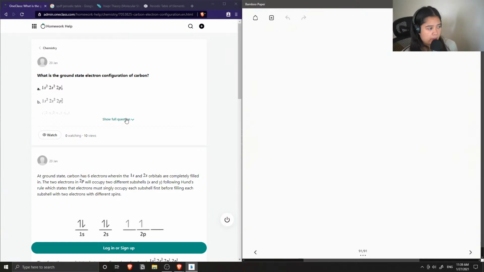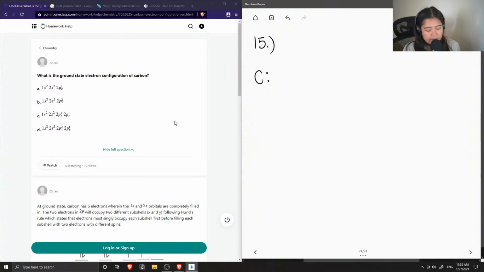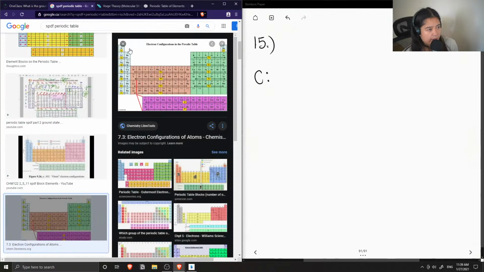And then question number 15. What is the ground state electron configuration of carbon? Okay, so let's first write out normally our electron configuration for carbon. We would need to first divide our periodic table into the different sections, the S block, the P block, the D block, and the F block.